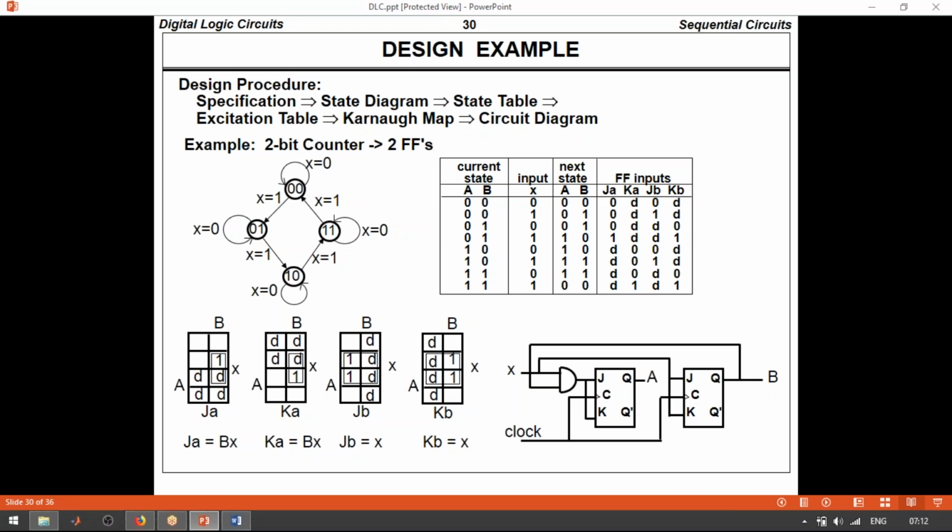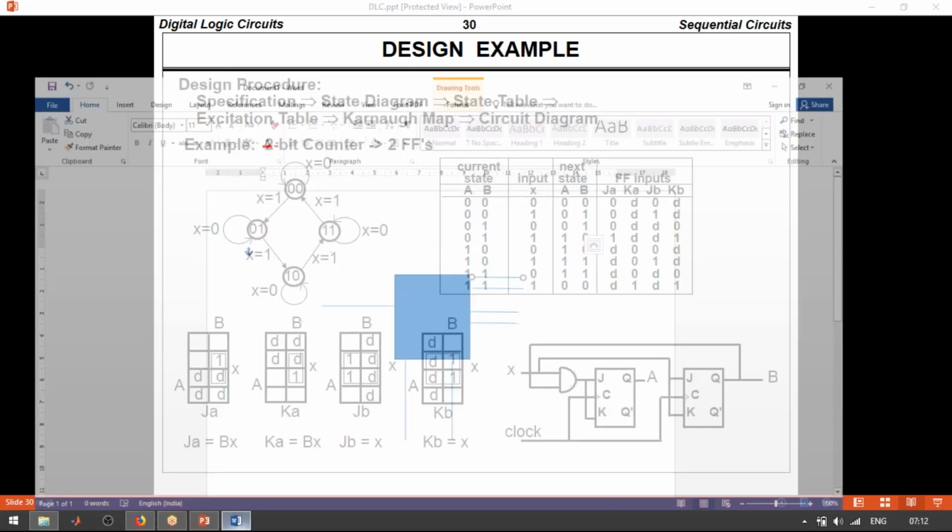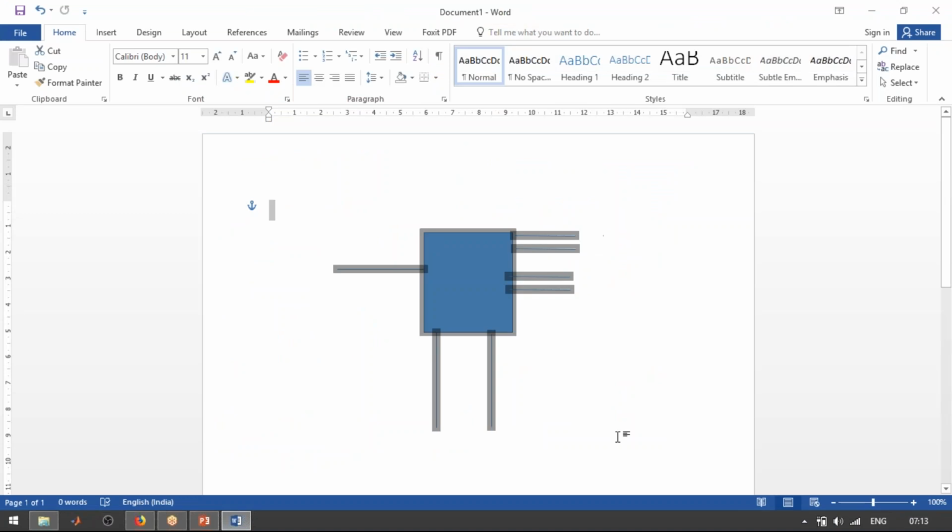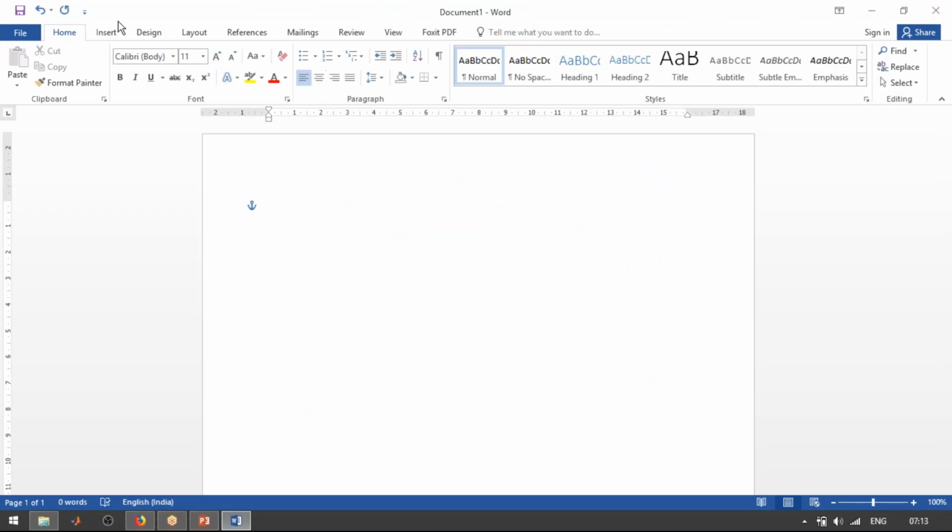JK flip flop: 0 0, 0 1, 1 0, 1 1. For 0 0, there is no change, that means Q of T. For 0 1 the output is 0, for 1 0 the output is 1, and for 1 1 it is Q bar of T, the complement of the first thing.